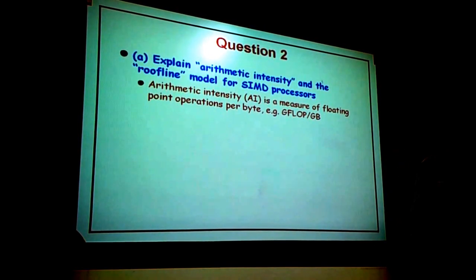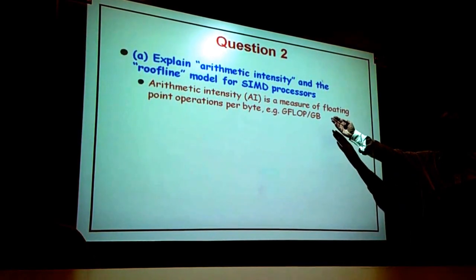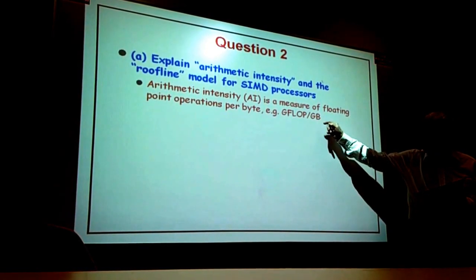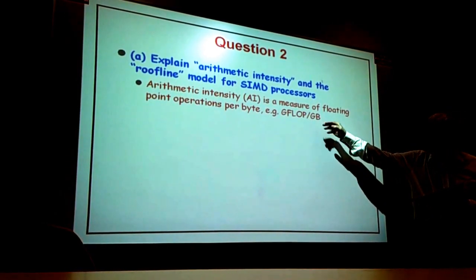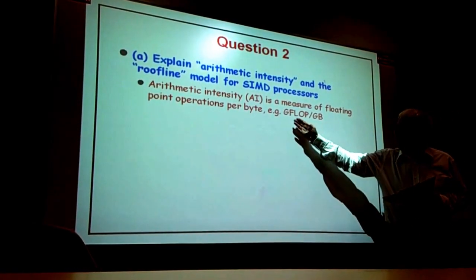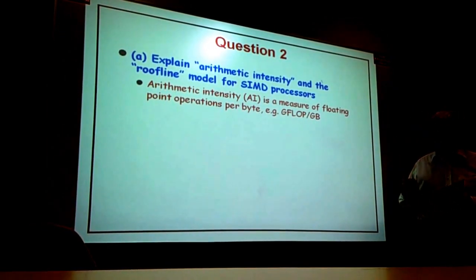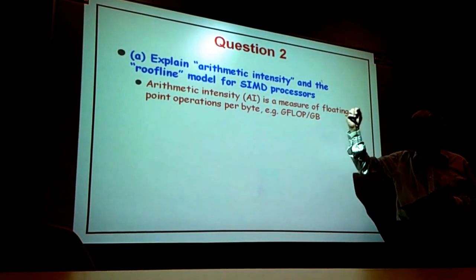In order to carry out a floating point operation, you have to access memory, and the memory you can access you can measure in gigabytes or bytes, and the arithmetic intensity is a measure of the floating point operations per byte. So, for example, it could be gigaflop over gigabyte or flop over byte or whatever.